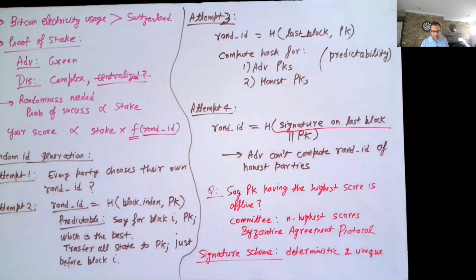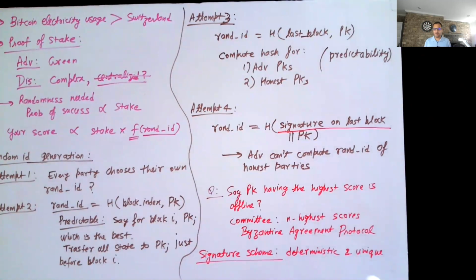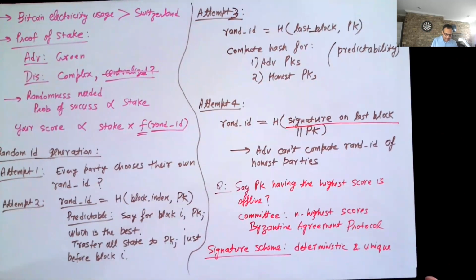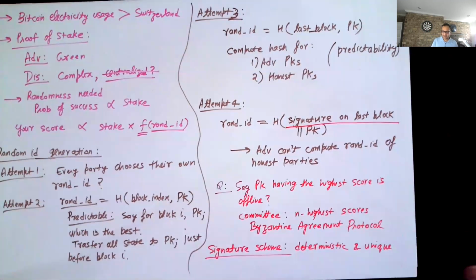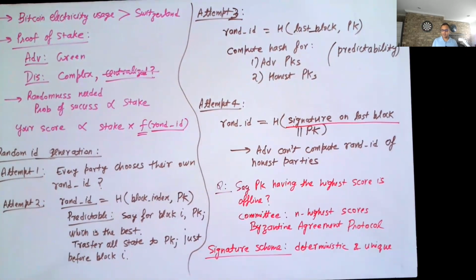So I sign the last block, right? Suppose the signature scheme is randomized, just like encryption schemes. We saw El Gamal, how that is randomized. Then even if the message is fixed, I can continue generating many different signatures, and I can pick the signature which maximizes my random ID. So that's an attack in itself.